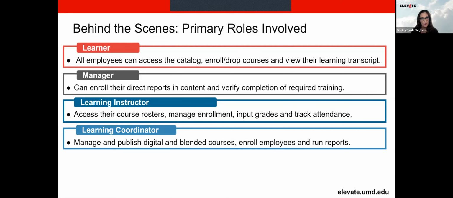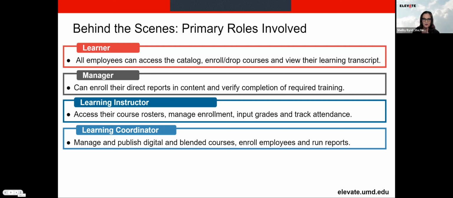So let's discuss the roles involved in the Workday Learning process. So first and foremost, we have our learners. That's you. So all employees will have access to the Workday catalog of lessons, courses, and programs. And this includes faculty, staff, and student workers. Next, we have our managers who will be able to enroll their direct reports in content, as well as verify completion of required training.